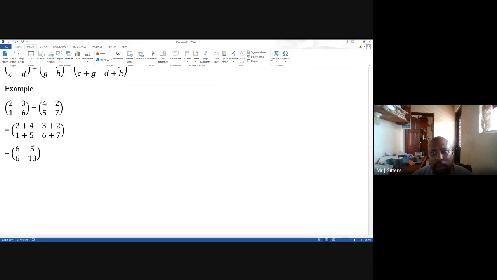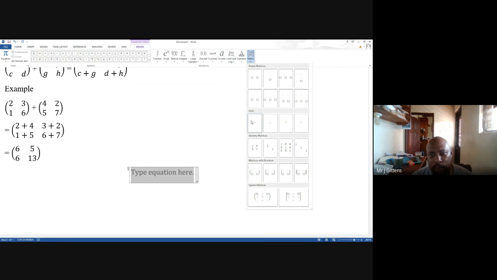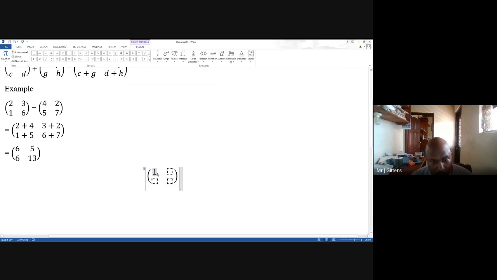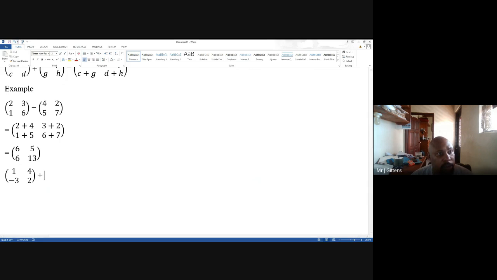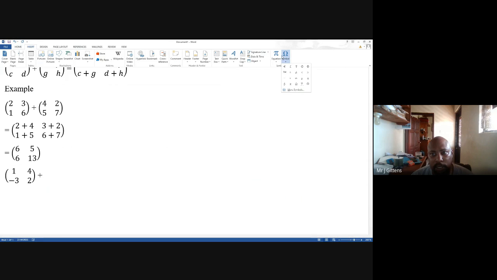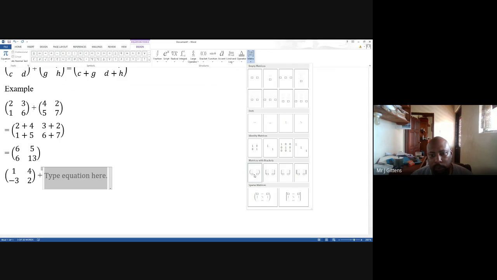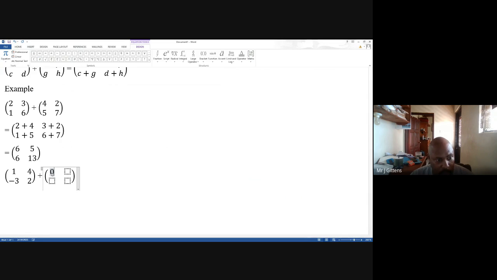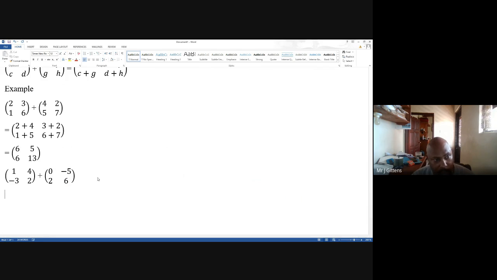So, second example. You use the matrix where you have 1, 4, -3, and 2. Let's create another matrix, whereby this matrix contains 0, -5, 2, and 6.